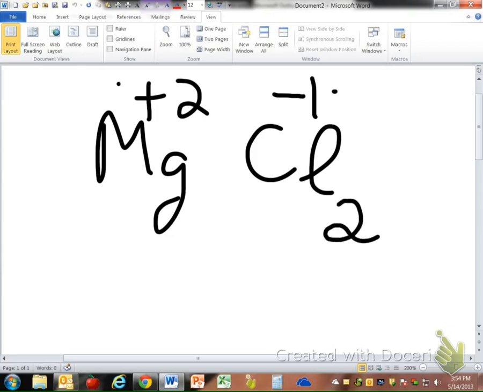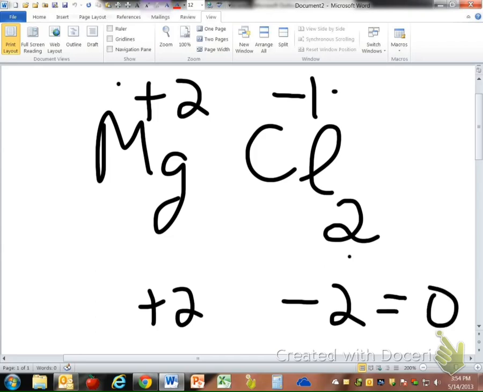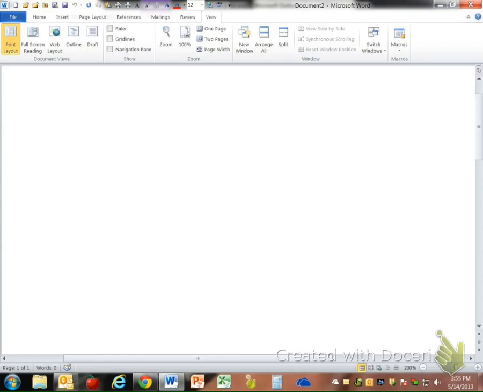And the answer is 2 of them. -1 times 2 is -2, and with the +2, together that's the total of 0 that we want. So you see, I'm just using those oxidation numbers to help figure out how many of each atom or ion that we need. And let's do one using a 3.